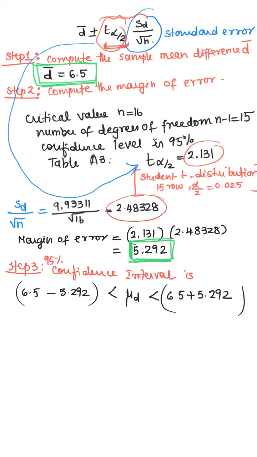If you subtract, you will get 1.2 less than mu d less than 11.8.